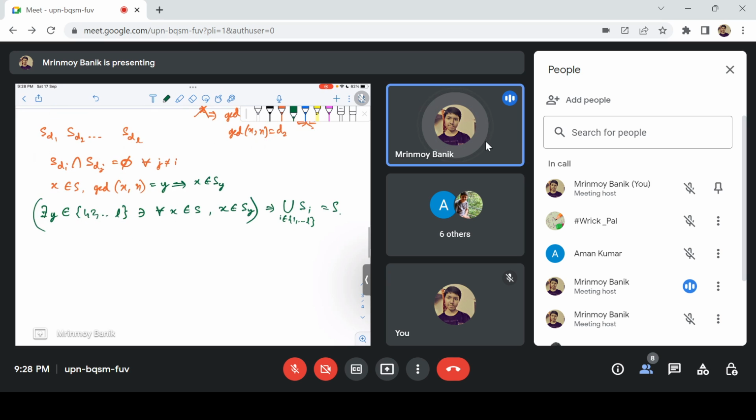So basically, S_d_i's are mutually, sorry, I'm writing S like this, but it is S_d_i. I'm jumping one indent.